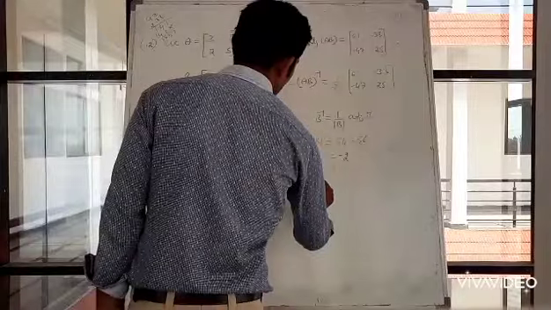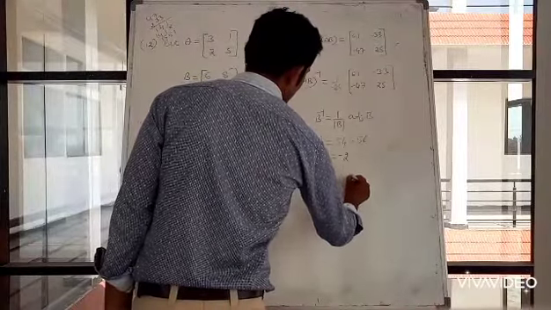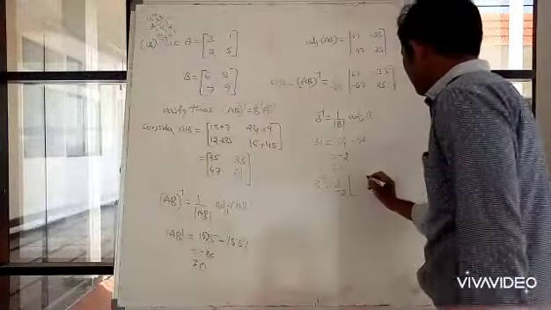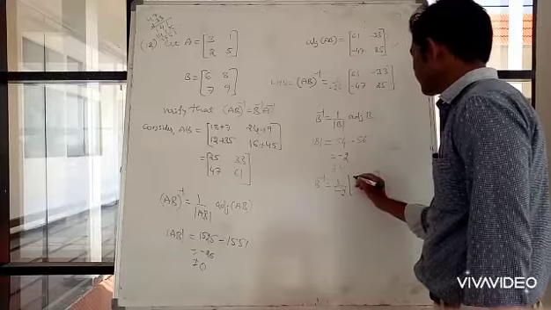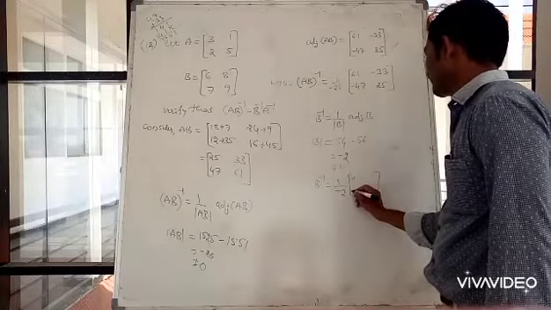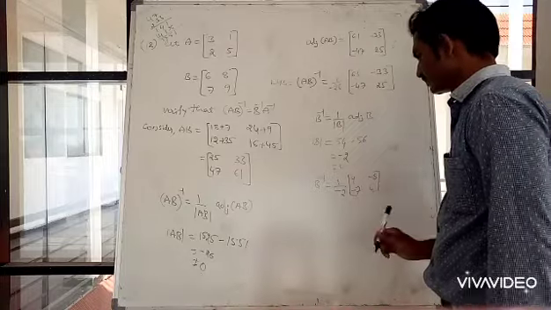So B inverse is 1 divided by minus 2 into adjoint: exchange the principal diagonal elements 9, 6, and minus 7, minus 8.